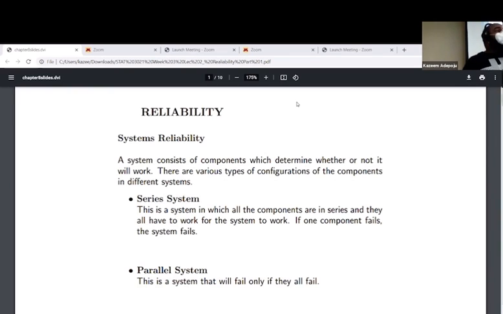If I have 3 components that make up the system arranged in series, what I'm going to do is multiply the probability of the respective components. What am I doing? I'm applying the independent event rule, which leads to the mathematical rule of multiplying the probability of the respective events.